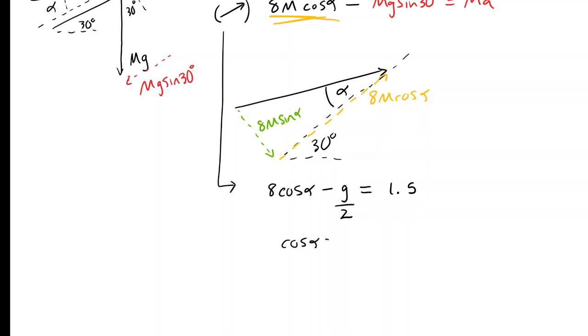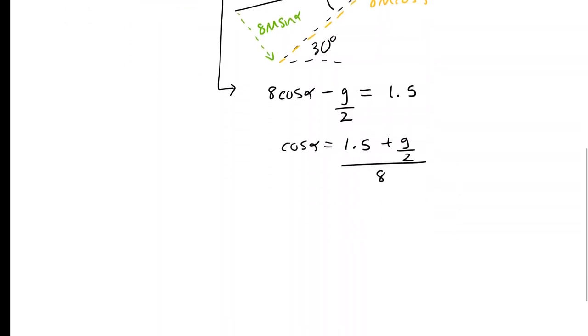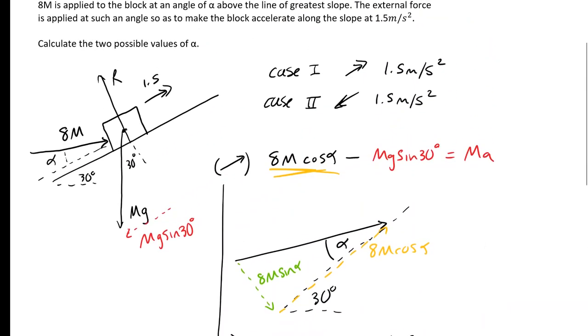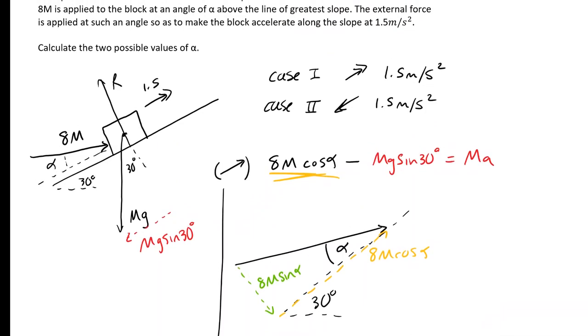Cos alpha is equal to 1.5 plus g over 2 all over 8. Okay, so the value of alpha is 36.869 degrees or 36.9 degrees. Okay, that's case 1. So that's the case where this is going to accelerate up the slope.